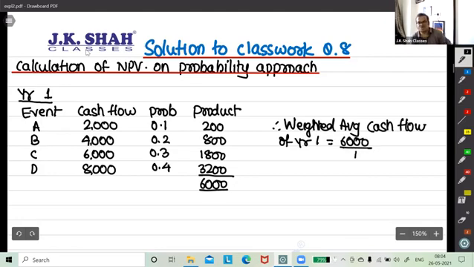See guys, you take a total of this, it will always be 1 only. So 6,000.